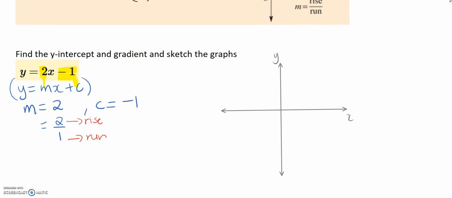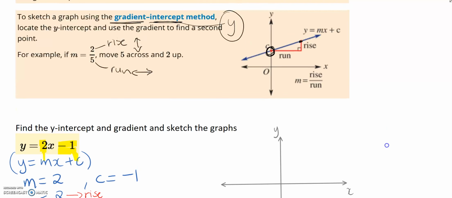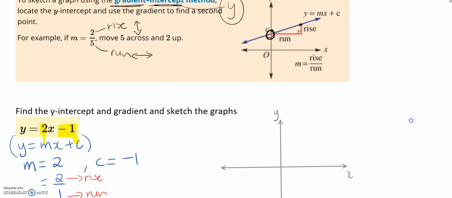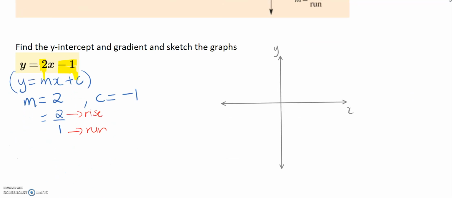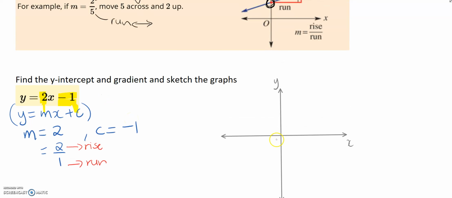Now remember how we said earlier, like in that example, always start at a point, and the point to start with is our y-intercept. That's the c. So let's mark our points. That's -1, -2, 1, 2, 3, and on the other axis -1, -2, that's 1, that's 2.